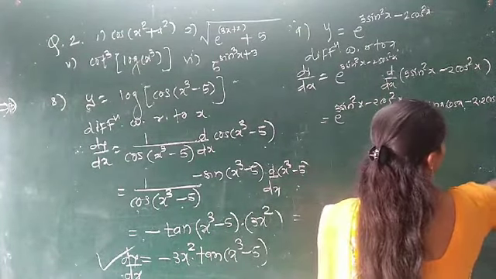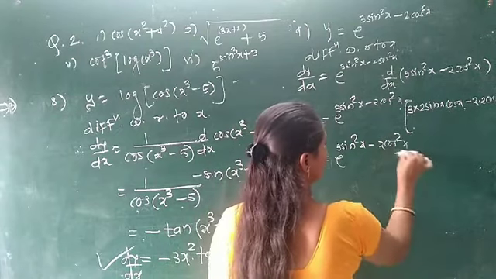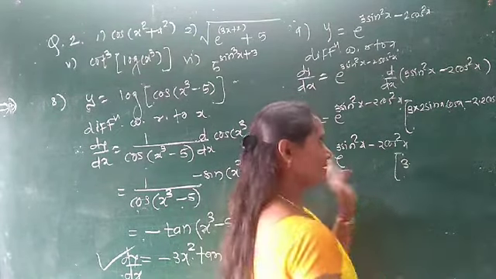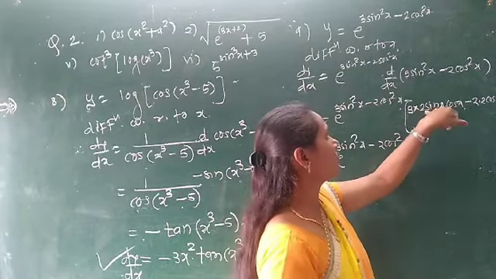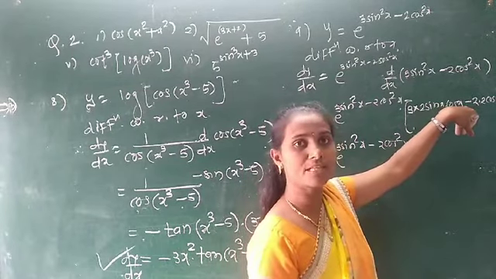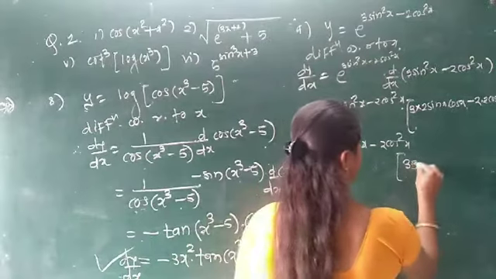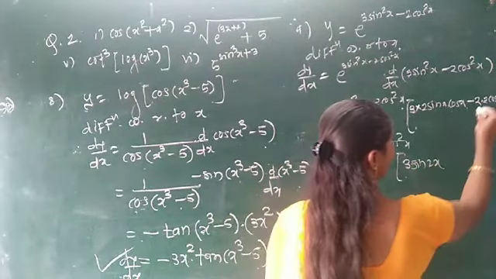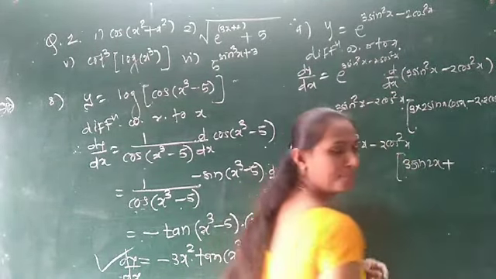Therefore, e raised to 3 sin square x minus 2 cos square x. Now, this 3 keep as it is. Now, this is in the form of 2 sin theta cos theta, that means sin 2 theta. So right here sin 2x. Now, minus minus becomes plus.